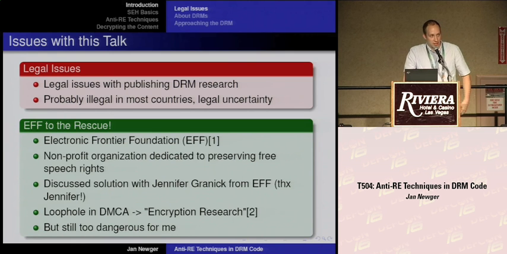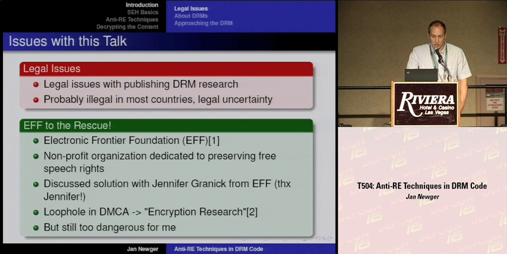We were discussing how we could modify the talk in order to lower the overall risk for me. Jennifer told me that there's some kind of loophole in the DMCA which allows you to publish your DRM research if you do so-called encryption research, though there are some additional conditions that have to be fulfilled.